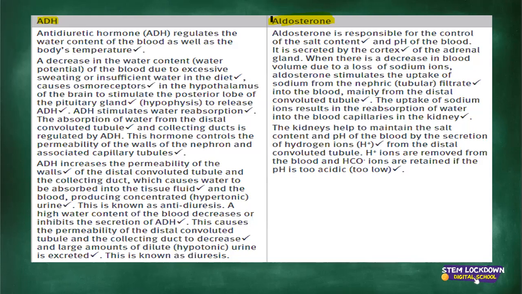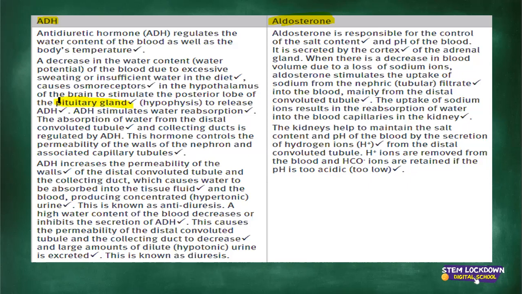So what happens? A decrease in the water content, which is the water potential, of the blood due to excessive sweating or insufficient water in the diet would cause the osmoreceptors in the hypothalamus of the brain to stimulate the posterior lobe of the pituitary gland. Remember what the pituitary gland is also called?